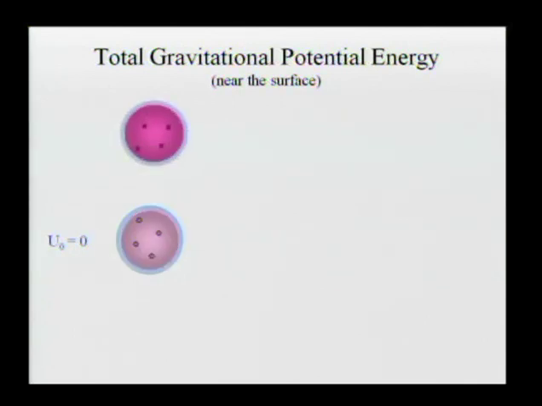Now if we move it up, so this location is the reference location for the potential energy, what happens to the potential energy? Well, I would refer now to the total gravitational potential energy. So by the definition of the word total, I have to add the potential energies of all particles constituting the object.